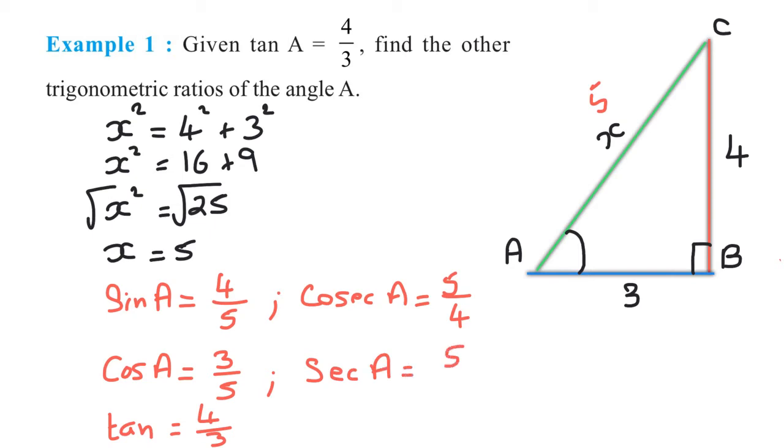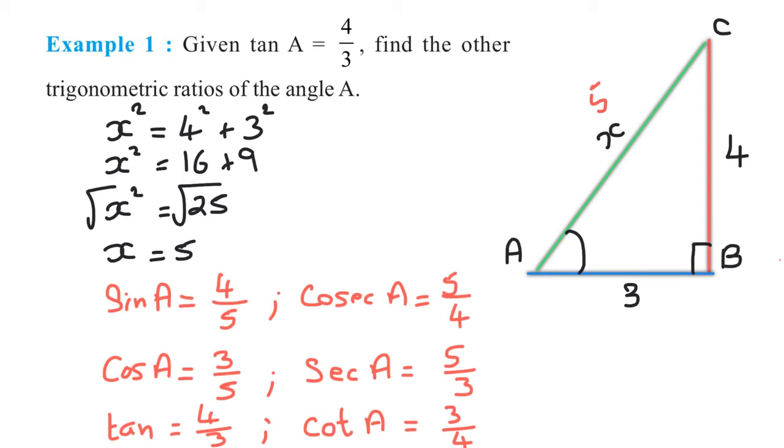So, 5 over 3. What is the reciprocal of tan? It is cotangent, cot A, which is 3 over 4. So, from one trigonometric ratio, we are able to figure out all the other trigonometric ratios for angle A.